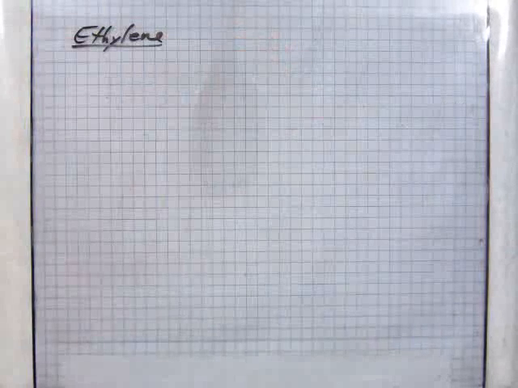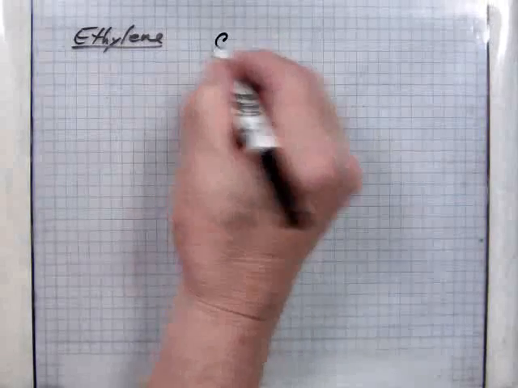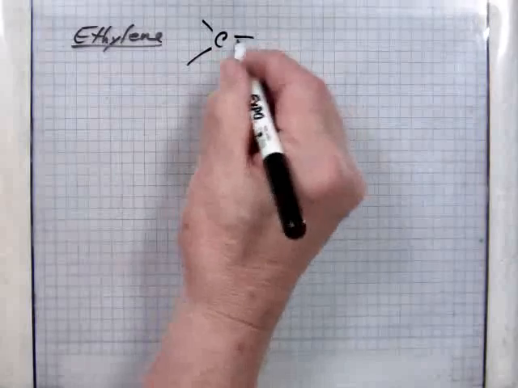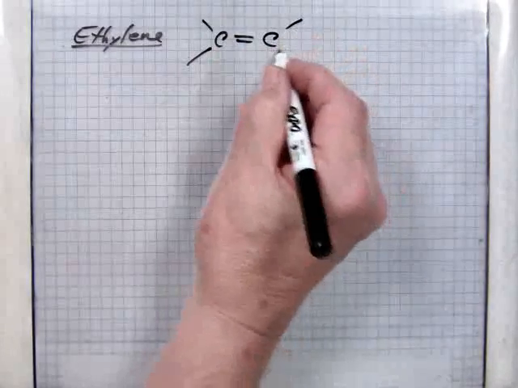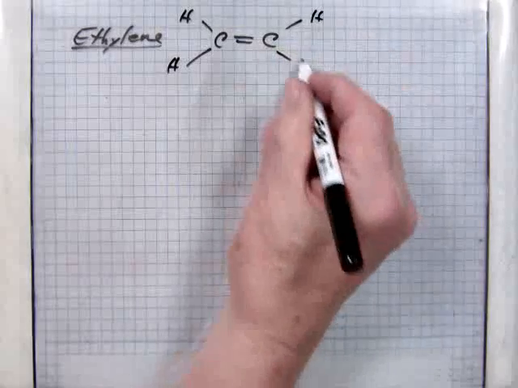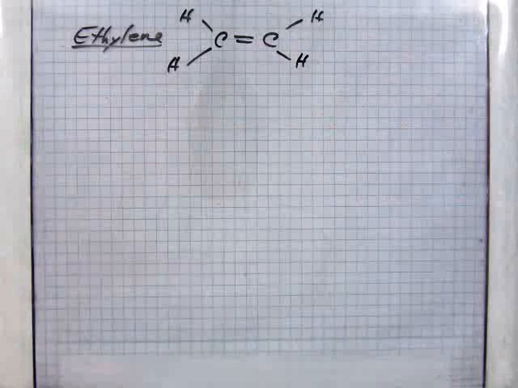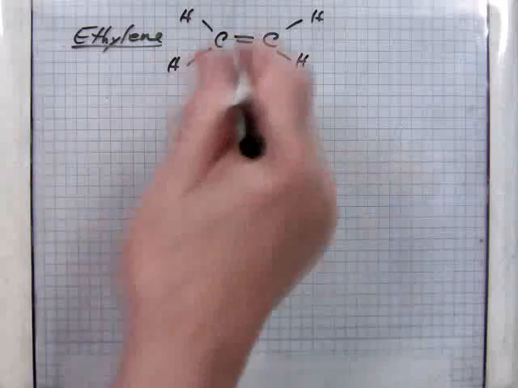If you draw out the Lewis dot structure on this, you'll find, I like to draw it like this, it has a double bond in it, like that. Well, how do you account for the bonding from hybrids in a structure like this?